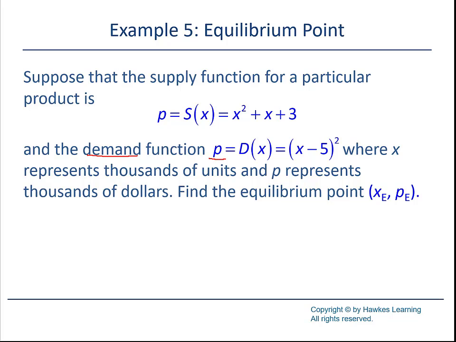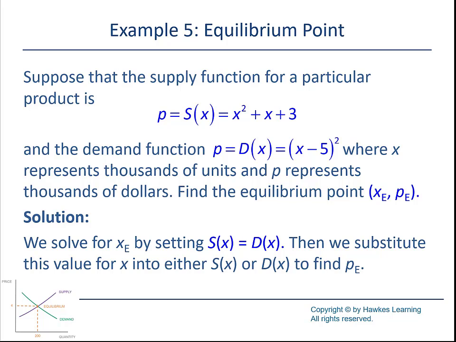You want the equilibrium point, also break-even point. So how does this work? We're going to solve for x by setting the demand and supply functions equal, revenue and cost.